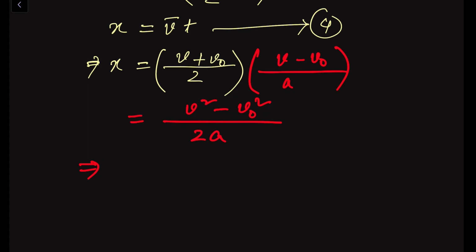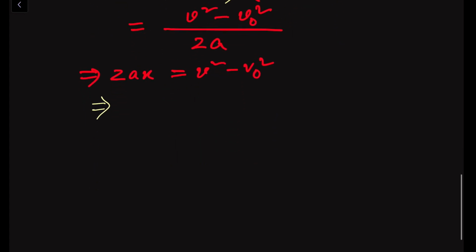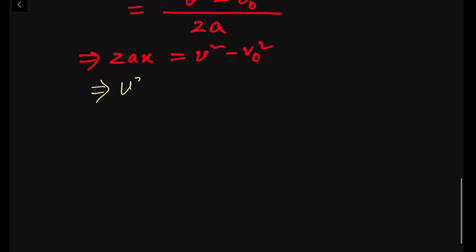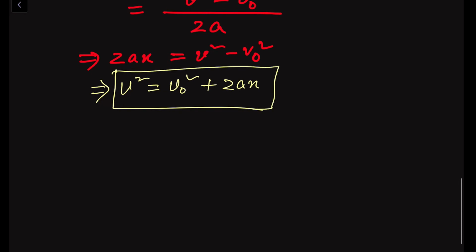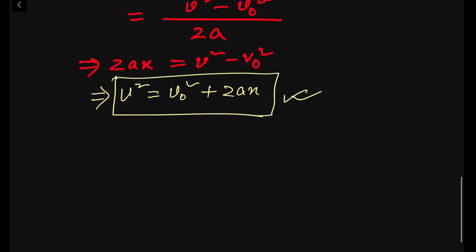Now if we take this side, twice AX is equal to V square minus V0 square. So next we can write V square is equal to V0 square plus twice ax. This is the third most important equation.